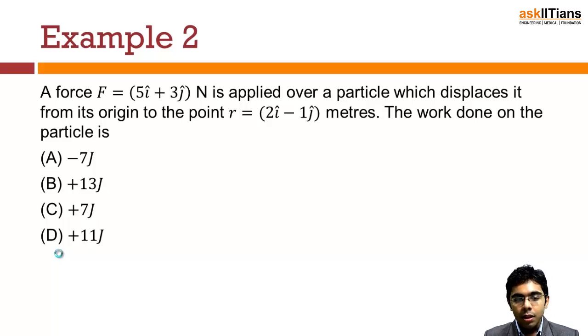This question says a force F, that is 5 i cap plus 3 j cap Newton, is applied over a particle which displaces it from the origin to a point R, 2 i cap minus 1 j cap meters. We are supposed to find the work done on the particle.